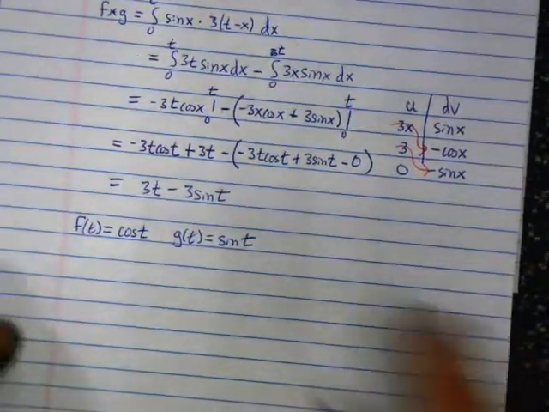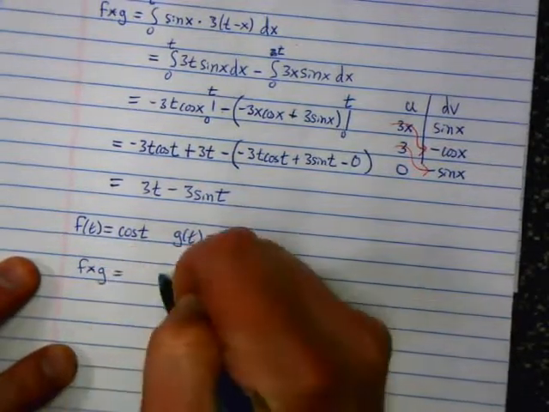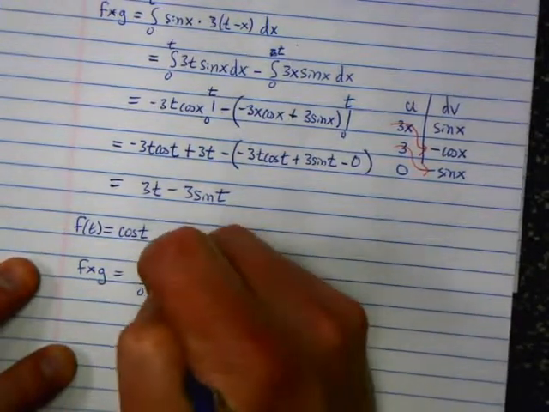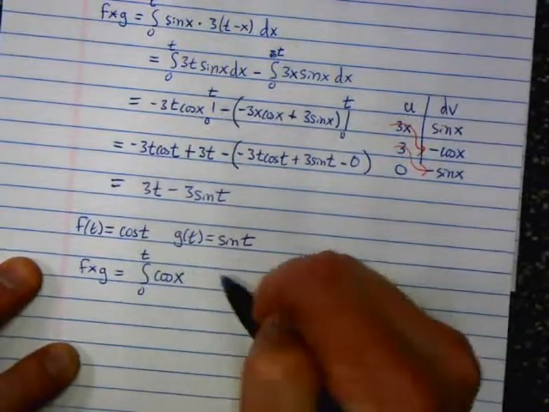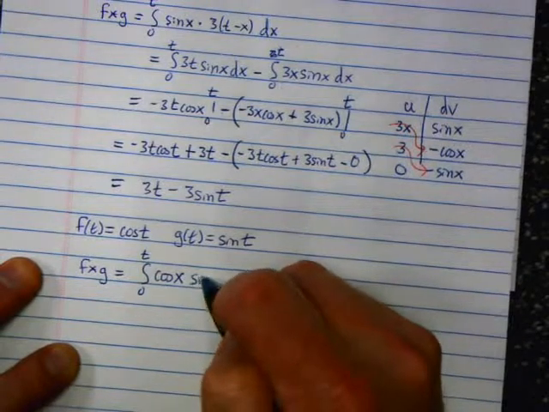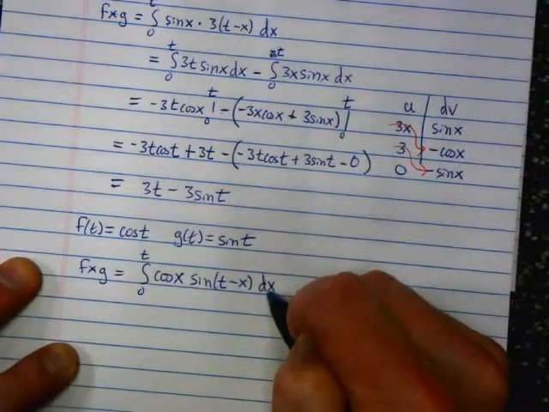Well, f star g would be the integral from 0 to t of cosine x sine of t minus x dx.